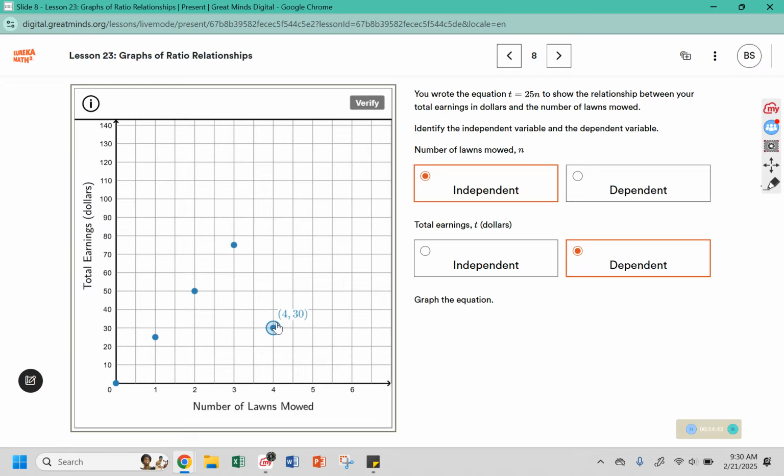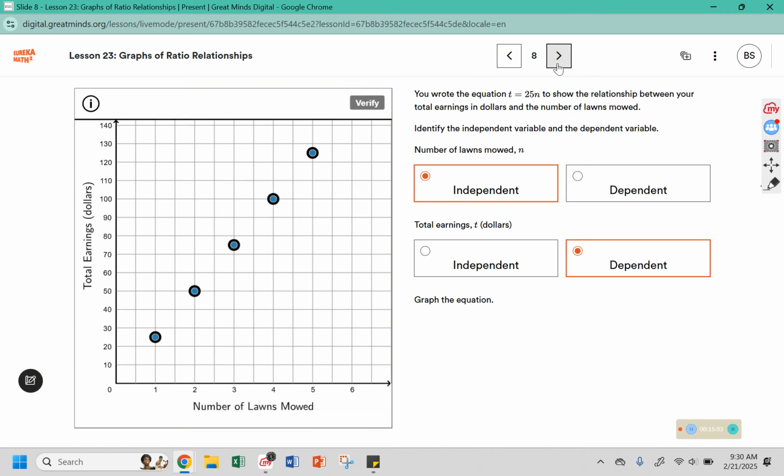With 4, we earned $100. For 5, we would earn $125. And then we can click verify. And it shows that we have our points all in the correct location.